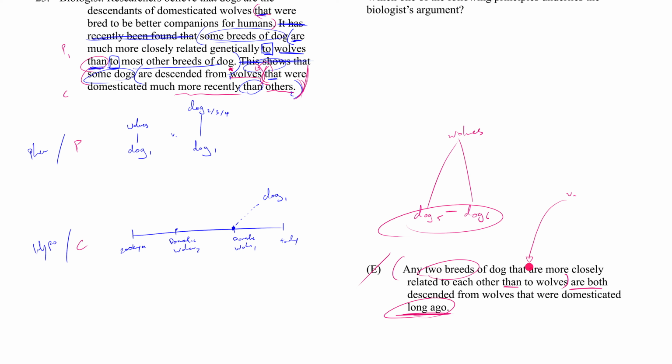You look at two breeds of dogs, how closely related they are to each other, how closely related they are to wolves. Only the ones that win over here, that are more closely related to each other, are the ones we're talking about. Now you go on with the sentence, the predicate. What do you want to say about them? Oh, they're both descended from wolves domesticated some ambiguously long time ago.